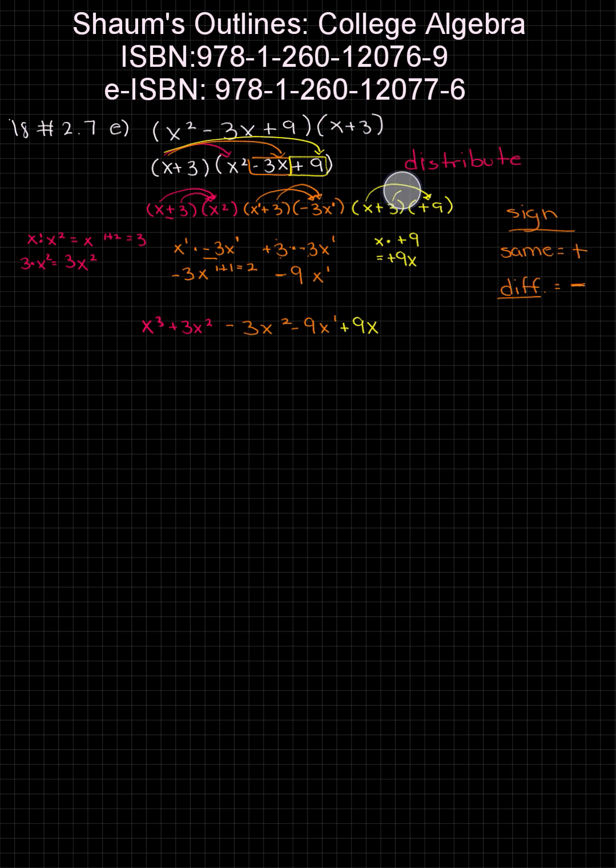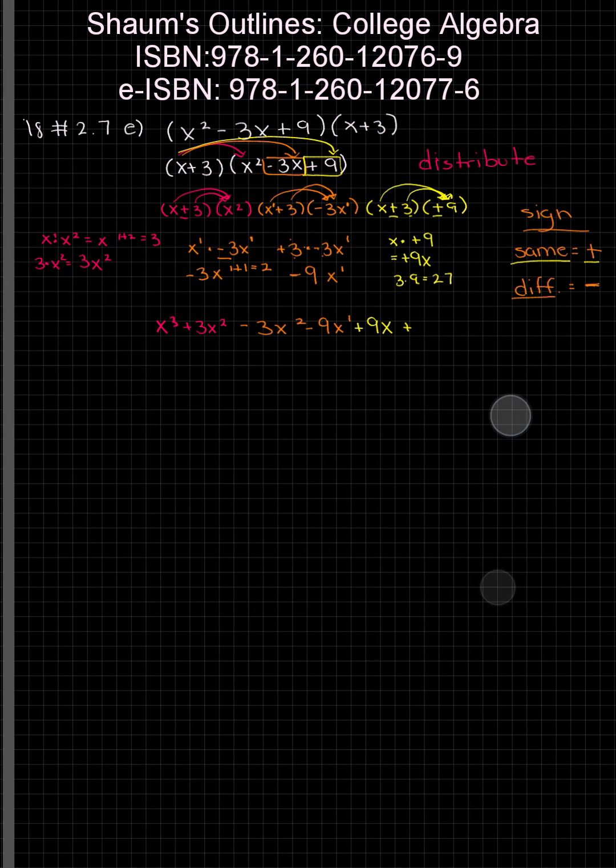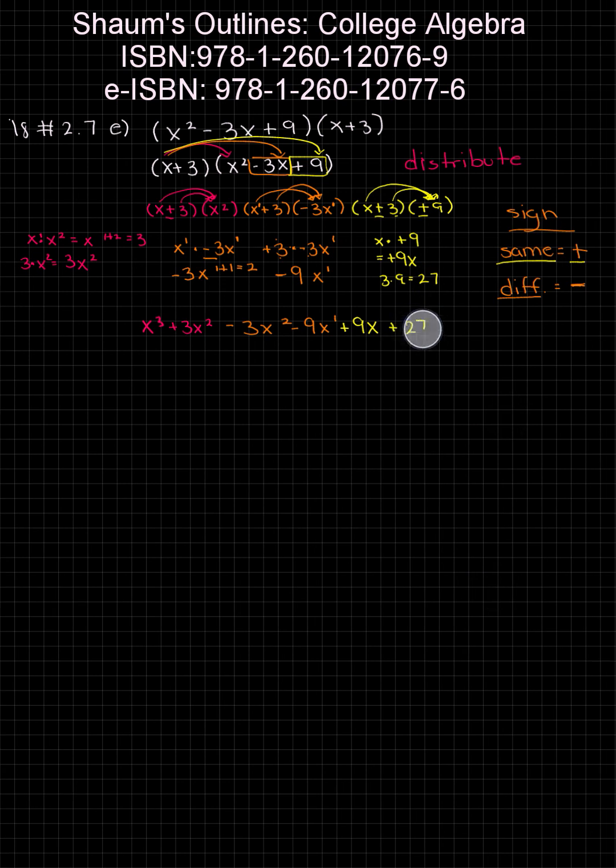And then I have 3 times 9. And you see how they're both positive? If my signs are the same, I get positive. So I'll have plus 3 times 9 is 27. So my answer is x cubed plus 3x squared minus 3x squared minus 9x plus 9x plus 27 for now.